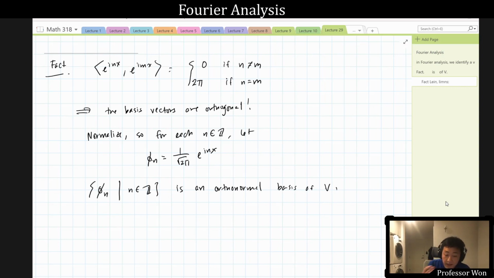Okay, and that means that we can write every function, every continuous function, every function in V as a linear combination of these guys. So for every f in V, we can write f as a linear combination, but it's doubly infinite, of f_n times phi n. Actually, I think the notes use f_n hat.